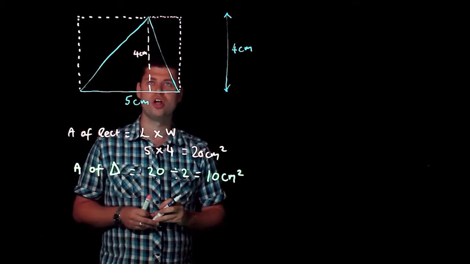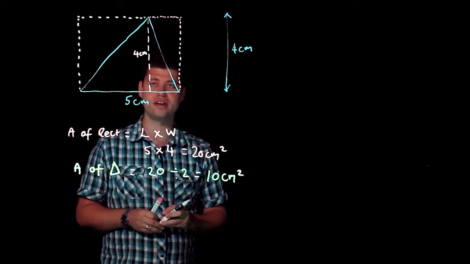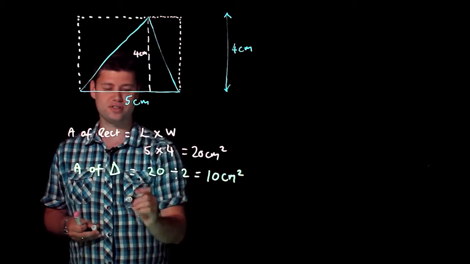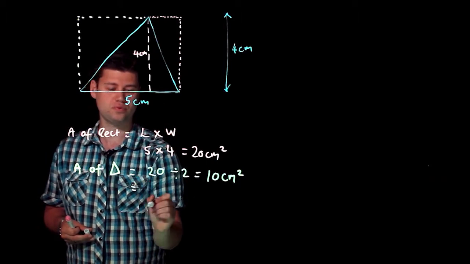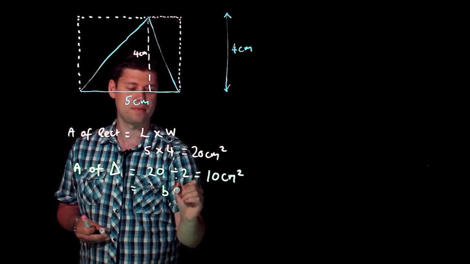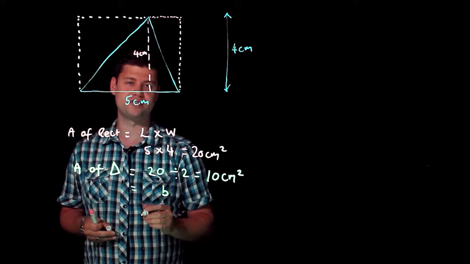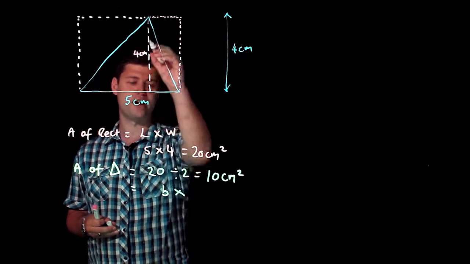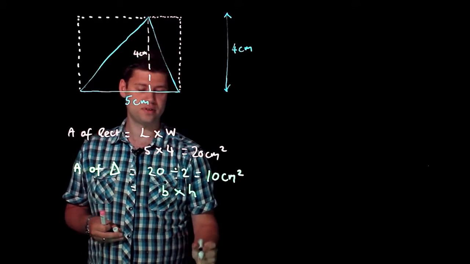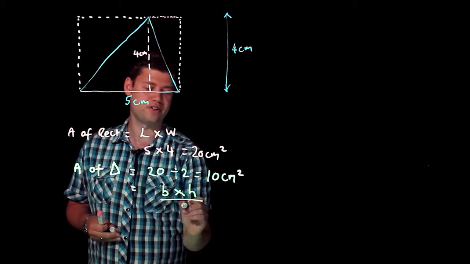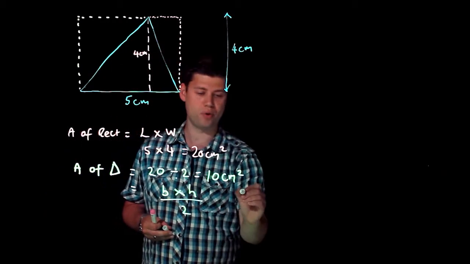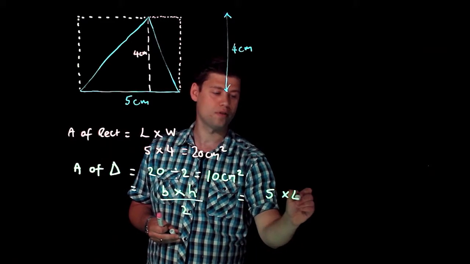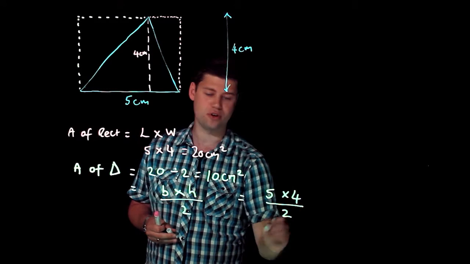Now, if I think about what that would mean for me from the beginning, essentially all that I've done is I've taken the base of the triangle, which was 5 centimetres, and I've multiplied it by the height and then divided it by 2. So in this example, the base was 5, the height was 4, and then we divided it by 2.